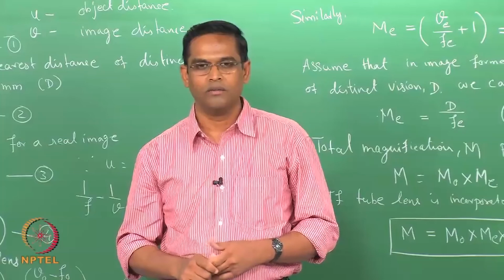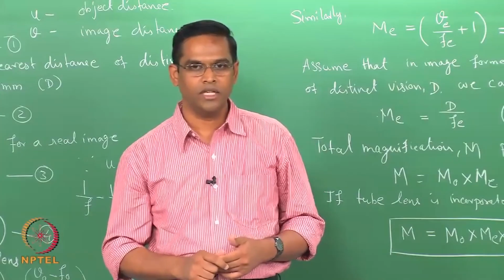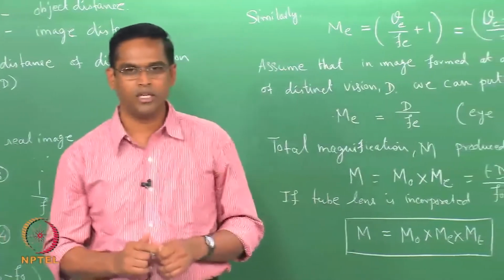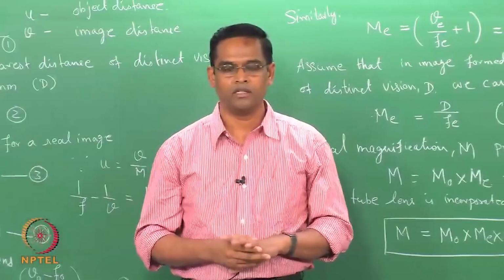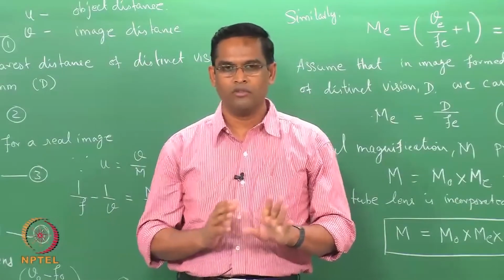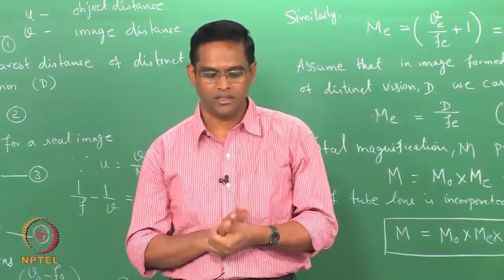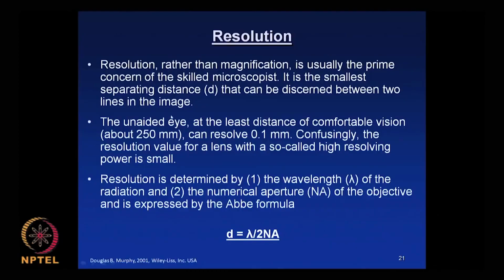Magnification is very different; we will see more details about it later. For an unaided eye, at the least distance of comfortable vision, which we talked about as 250 mm, it can resolve 0.1 mm.